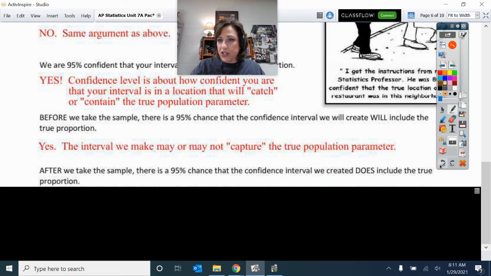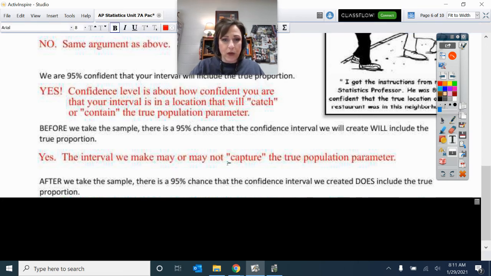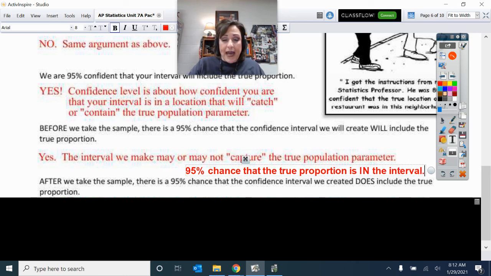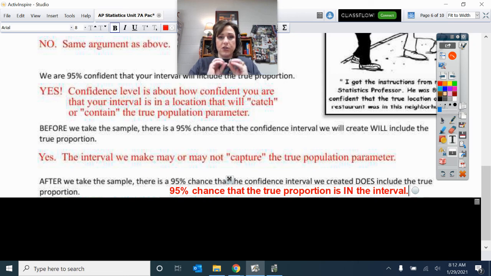There's a 95% chance, so here I am still tweaking this lab. There's a 95% chance that the true proportion is in the interval. That's where we get bad, when we're talking about that true proportion being in the interval.